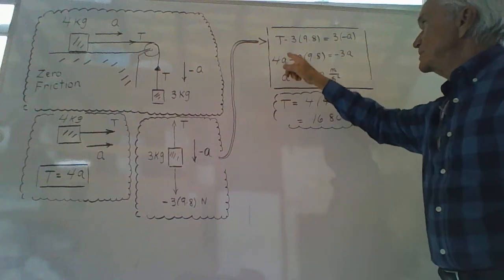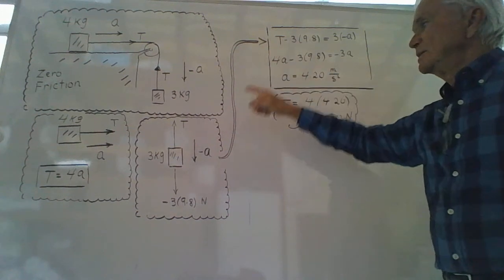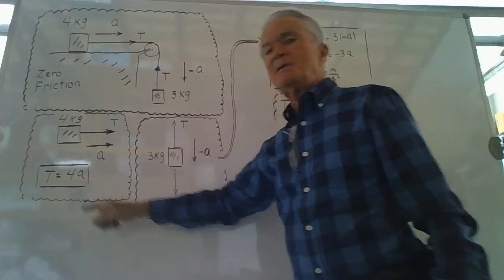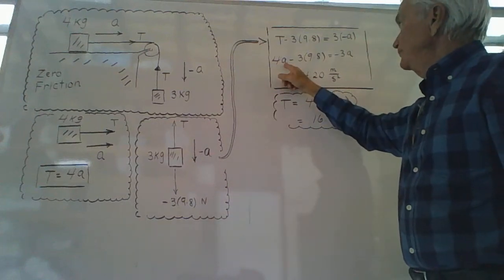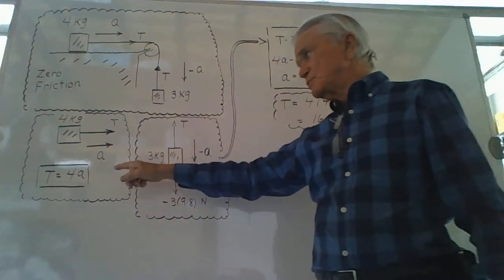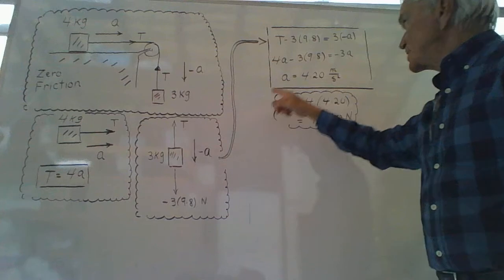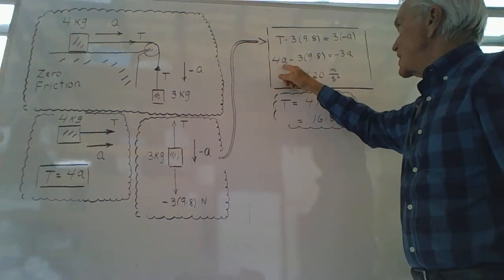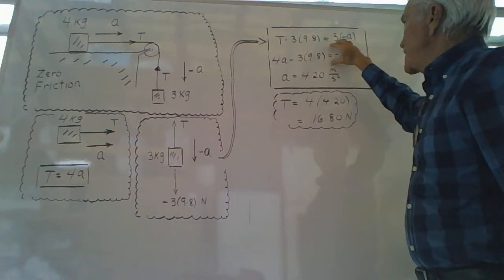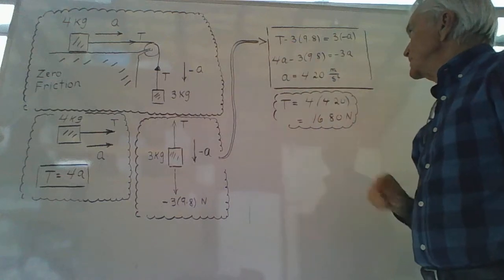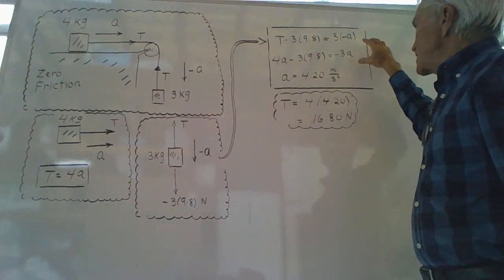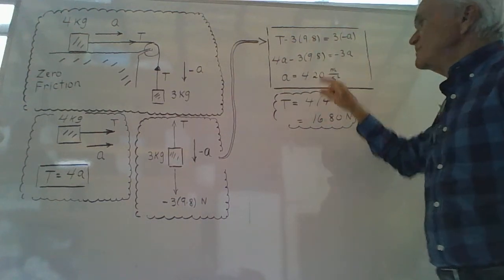by substituting for the tension 4 times a. So we put to use the first equation that we made, substituting for the tension 4a. Bring the negative 3a over here to make 7 of them. Take that negative number over there to make it positive. Divide by 7.